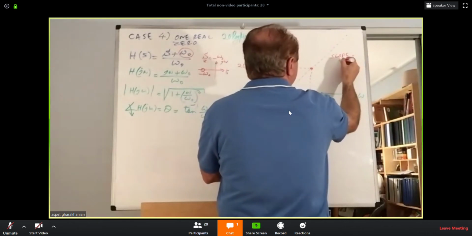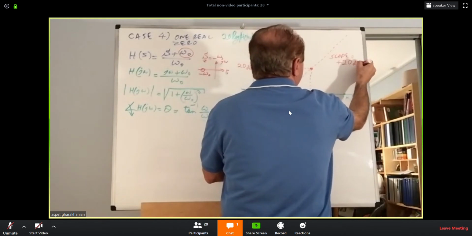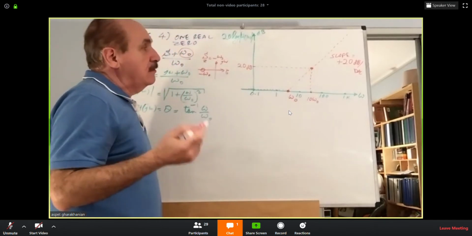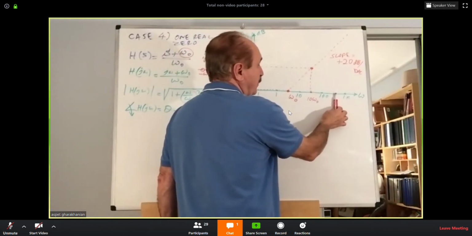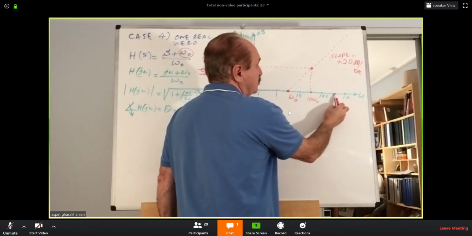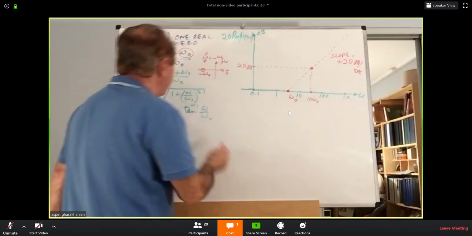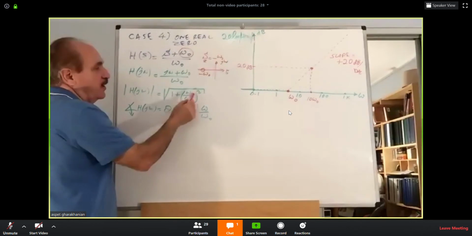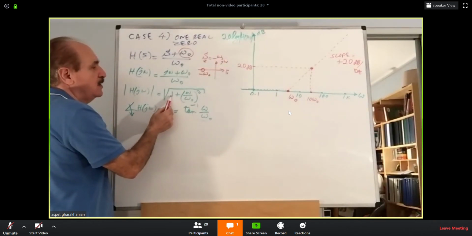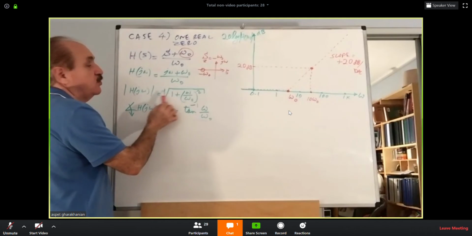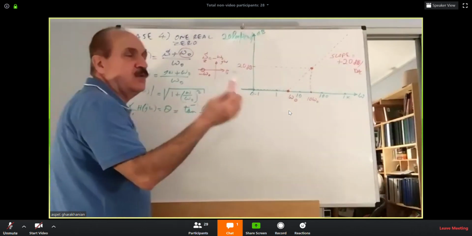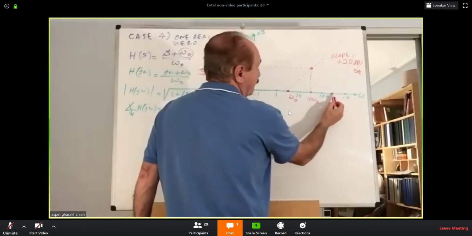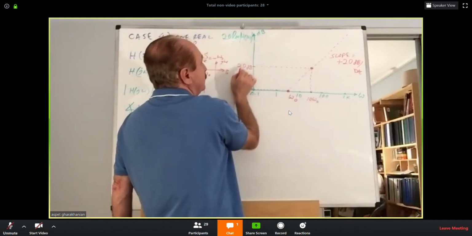Slope will be equal to positive 20 dB per decade. If you go 100 times omega O here, in this spot, this will be 100 over 100 squared plus 1 squared, rooted, which will be just 100. Log of 100 is 2. 2 times 20 will be 40. So the 10 times of that frequency is going to coincide with the 40, up there, 40.